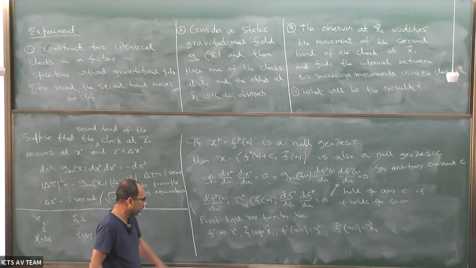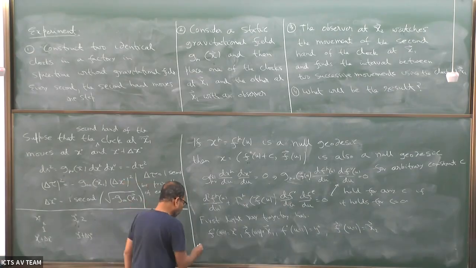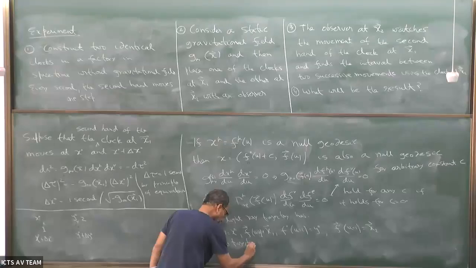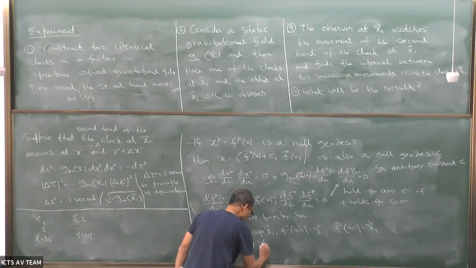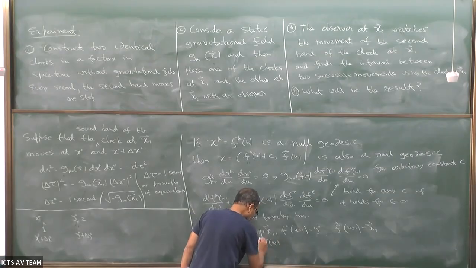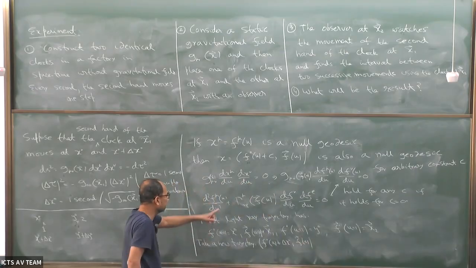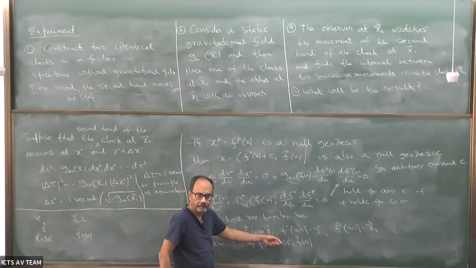Now you choose a new trajectory. Take a new trajectory, f0(u) plus delta x naught and f(u), because I have basically taken c equal to delta x naught.